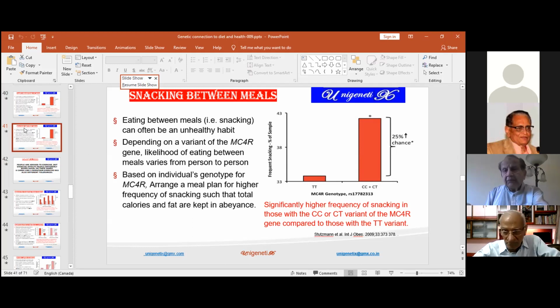Again, see the difference between the TT genotype and the CC or CT genotype in MC4R. So the difference in two genotypes makes a difference in the desire to snack, the desire to eat in between meals. That's called snacking.